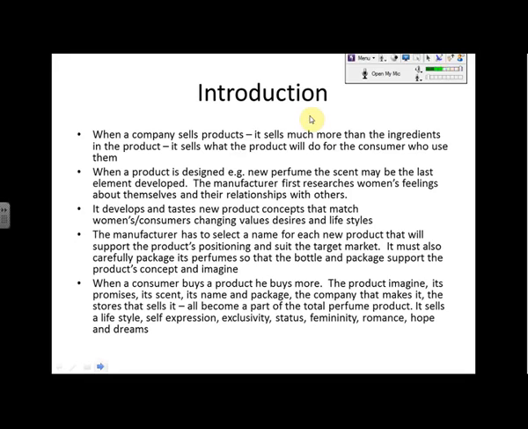It sells a lifestyle, it sells expression, exclusivity, it sells status, femininity, romance, hope, and dreams. So when a person buys a product, they are buying a holistic product with different attributes, features, and benefits.